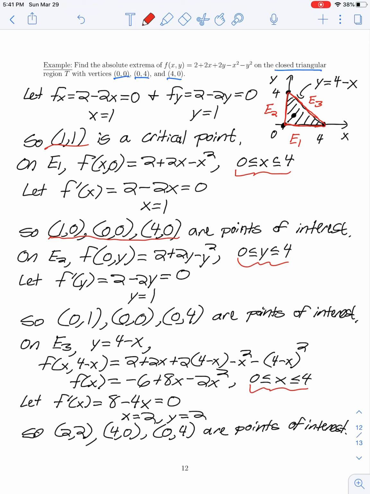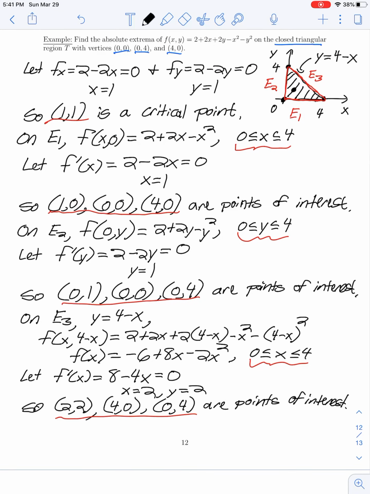So within this problem, all of these points that we found, namely 1, 1, 1, 0, 0, 0, 4, 0, 0, 1, 0, 4, and 2, 2 are all points of interest or critical points of this function. So let's take each of these points that we found and substitute them back into our original function f.